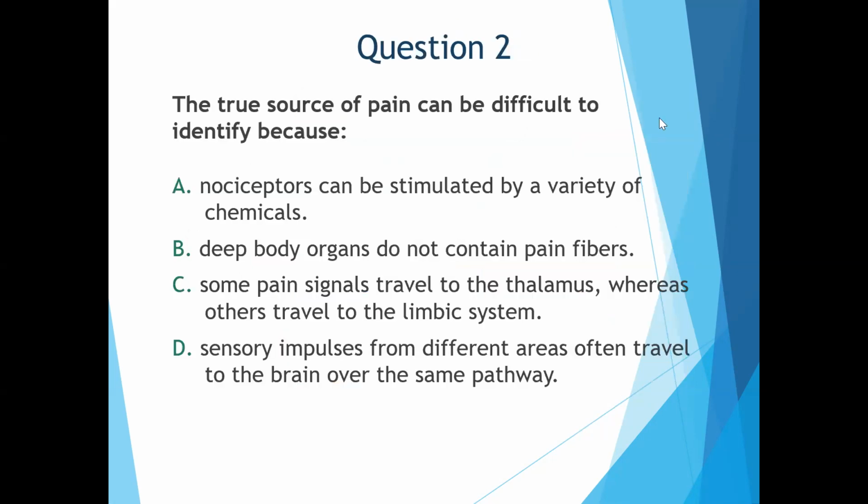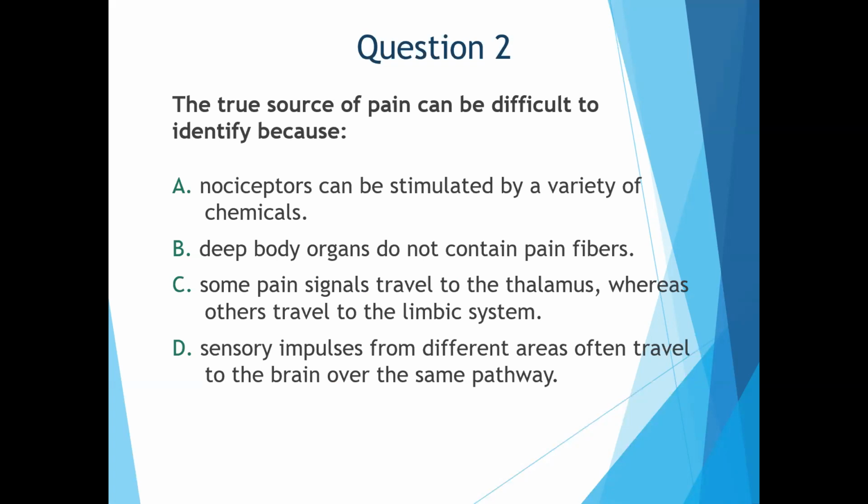Okay, this leads right into our second review question. The true source of pain is tough to identify because A, nociceptors can be stimulated by a variety of chemicals. B, deep body organs do not contain pain fibers. C, some pain signals travel to the thalamus, whereas others travel to the limbic system.